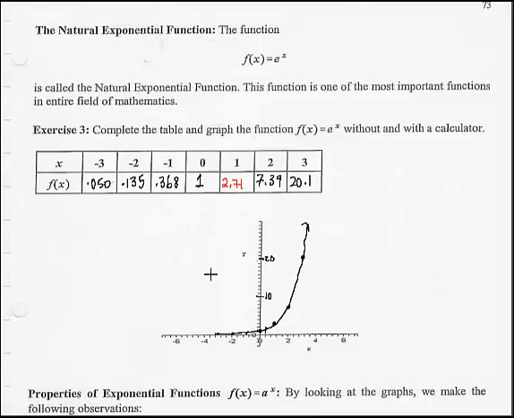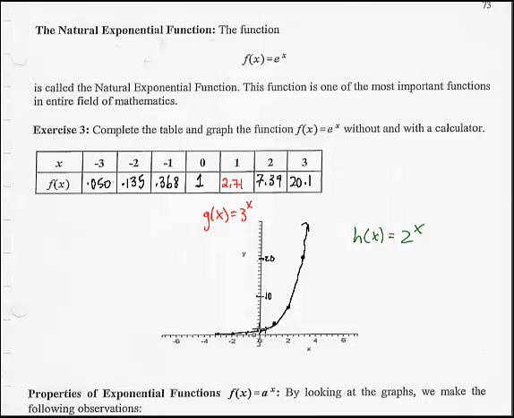Alright, so FYI, if I were to graph, let's say g of x equal 3 to the x, and then I was to graph another one, let's say h of x equal 2 to the x. This won't be accurate, but I just want to point out that if I graph 2 to the x, it would be pretty close to this curve.